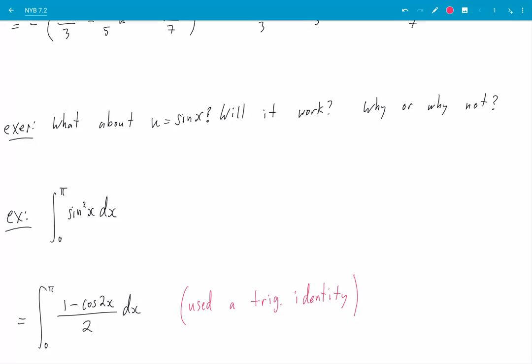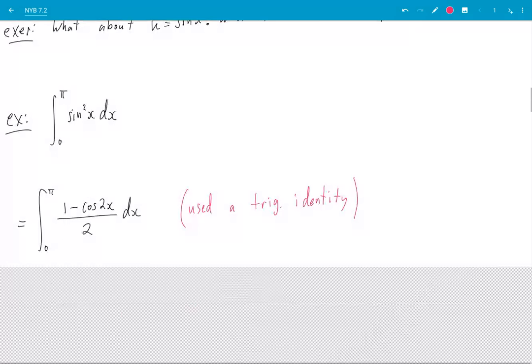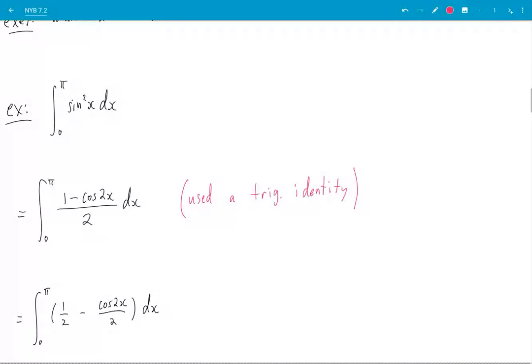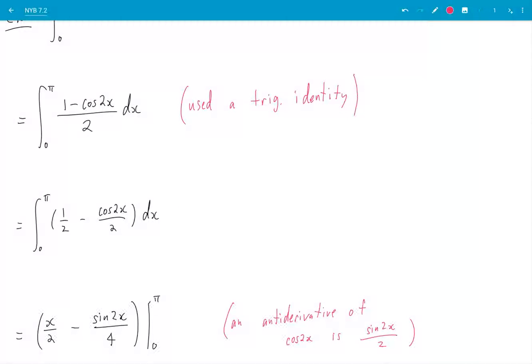And the point of this is that the power of 2, which is the difficulty, is no longer present in this circled expression here. So I can break that fraction into 2 fractions, and then integrate term by term.